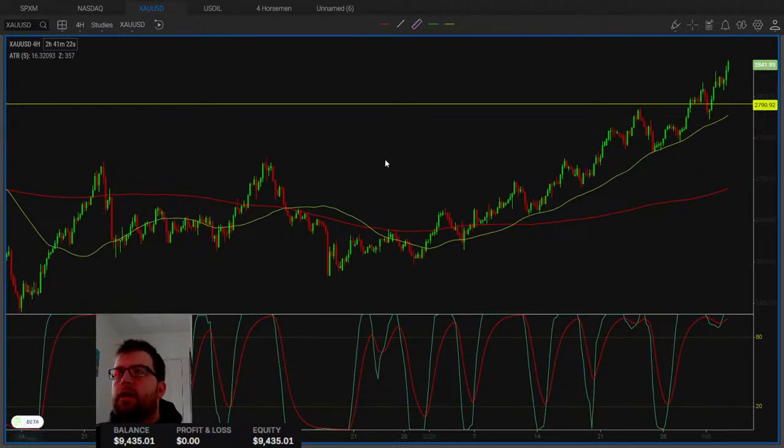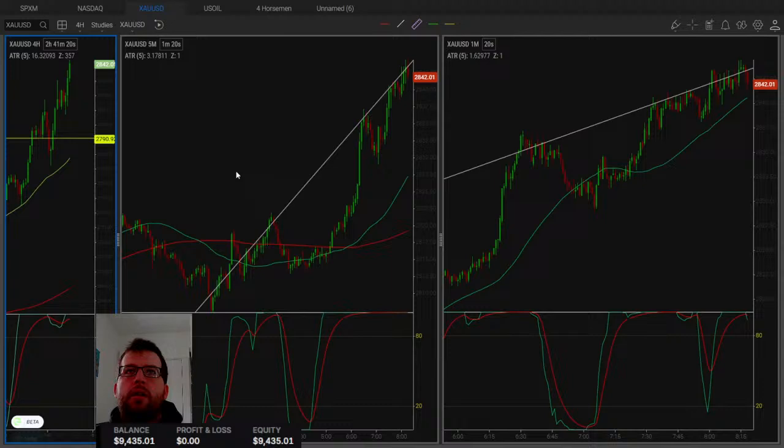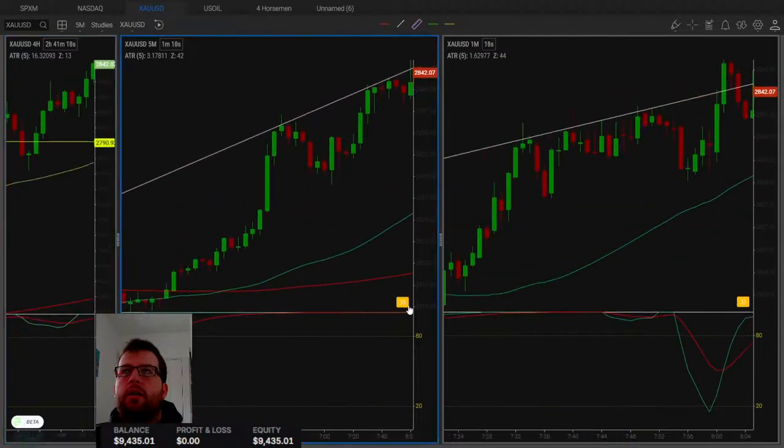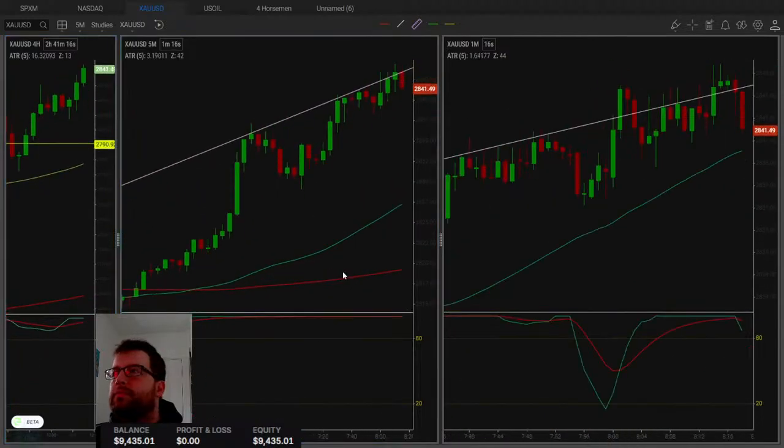Cool. Yeah, this trend line is acting pretty strong here. Strong resistance.